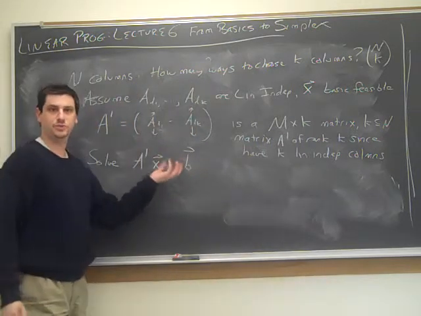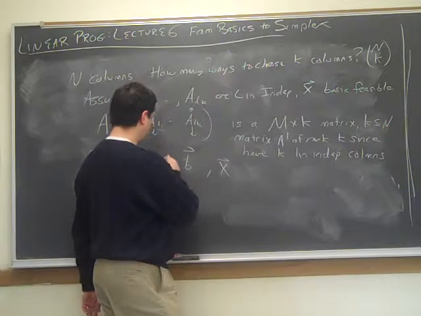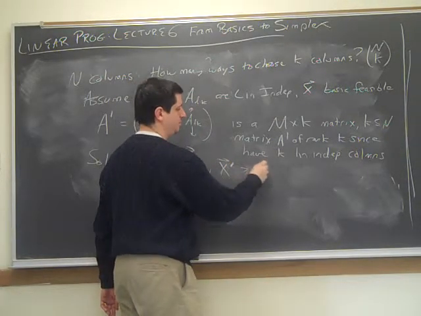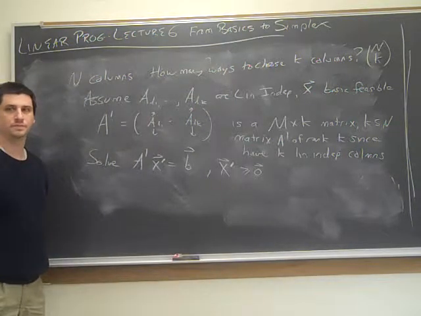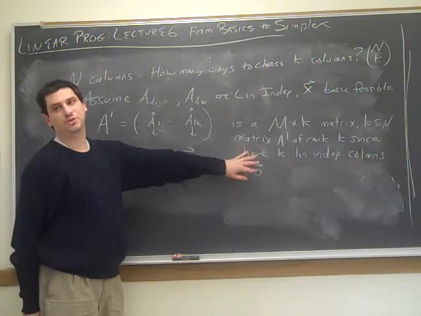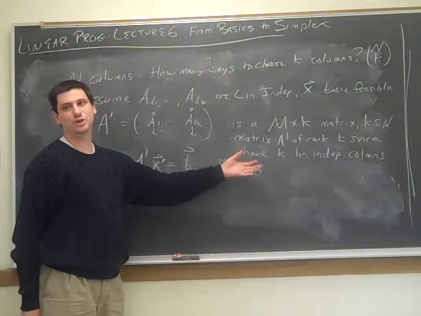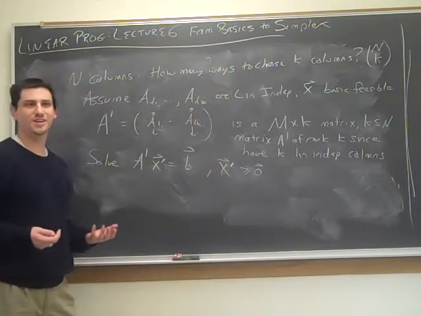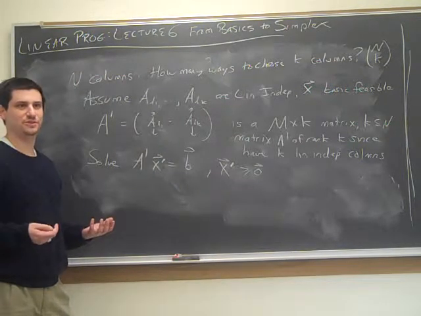That's how we find a feasible solution. Actually, I'll call this x prime. Subject to x prime greater than or equal to 0. Well, I can forget about this constraint, right? Because if I can show there are only finitely many solutions without this constraint, then clearly I can't generate more solutions by including the constraint, right?